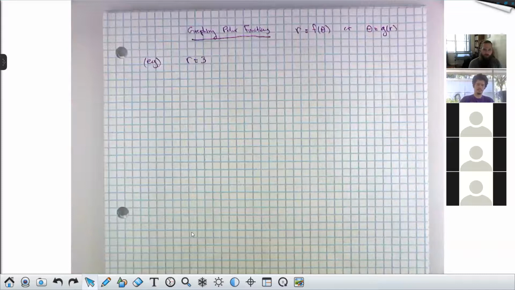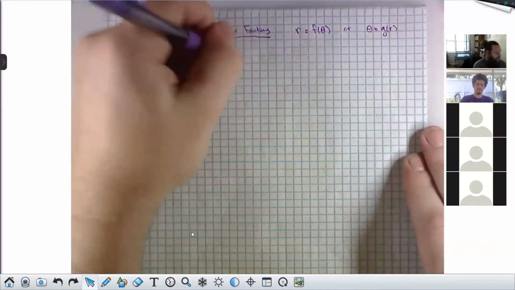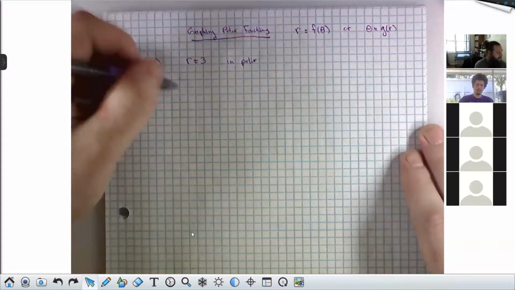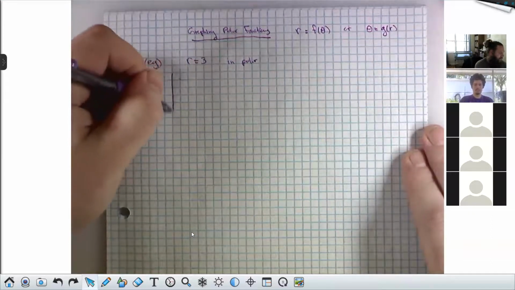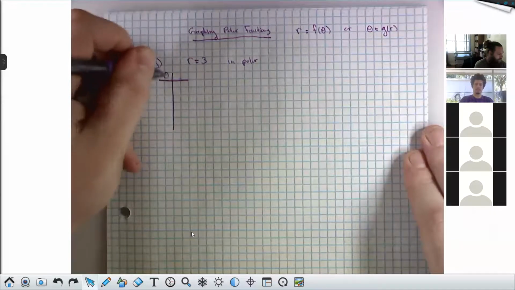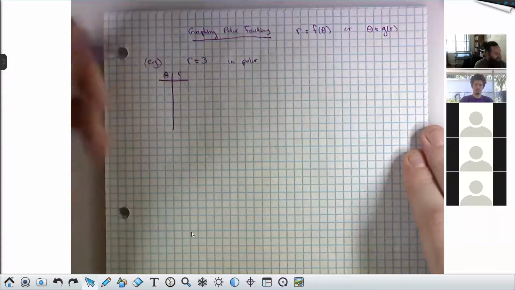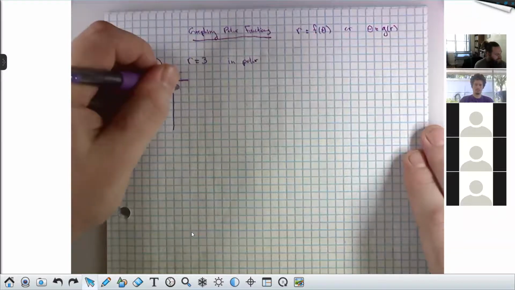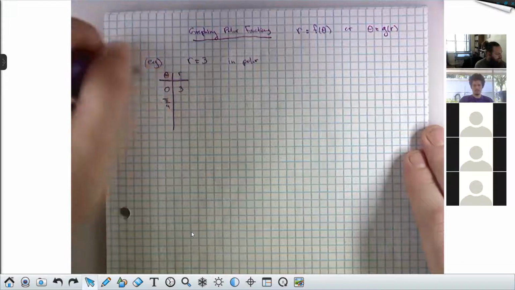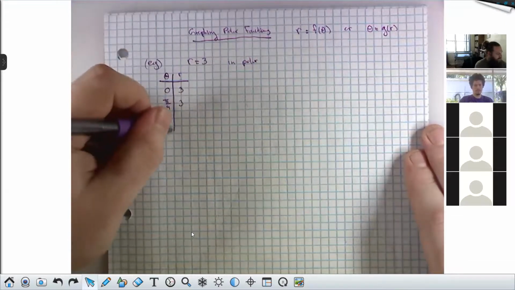A constant function, r equals 3 in polar coordinates. You can make a table. Theta and r. If theta is 0, r is 3. If theta is pi over 4, then r is 3.